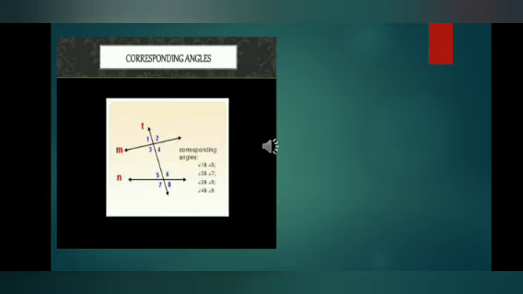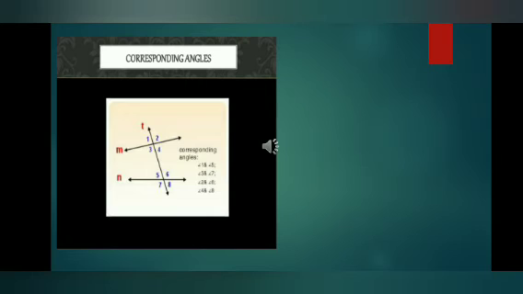Next come the corresponding angles. As I said, you should know what a corresponding angle is. Here I have M and N as the parallel lines and T as the transversal. The corresponding angles will form the figure F. You can find the figure F. For example, 2 is a corresponding angle to 6.